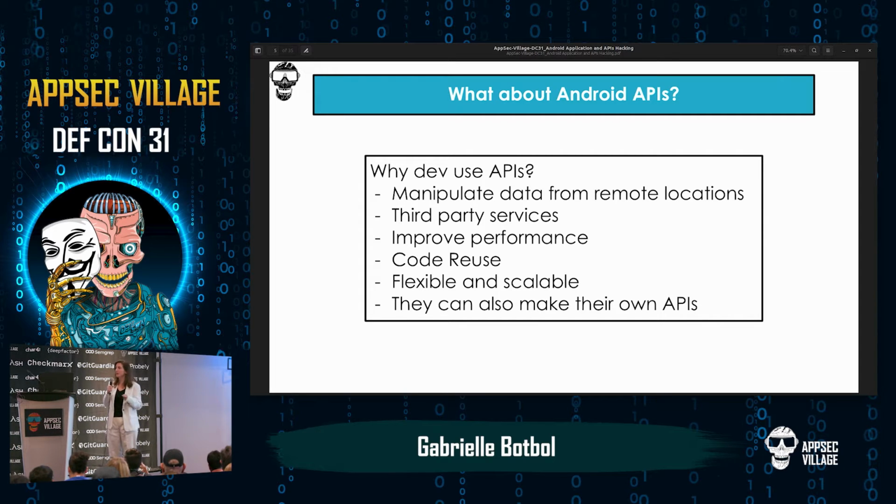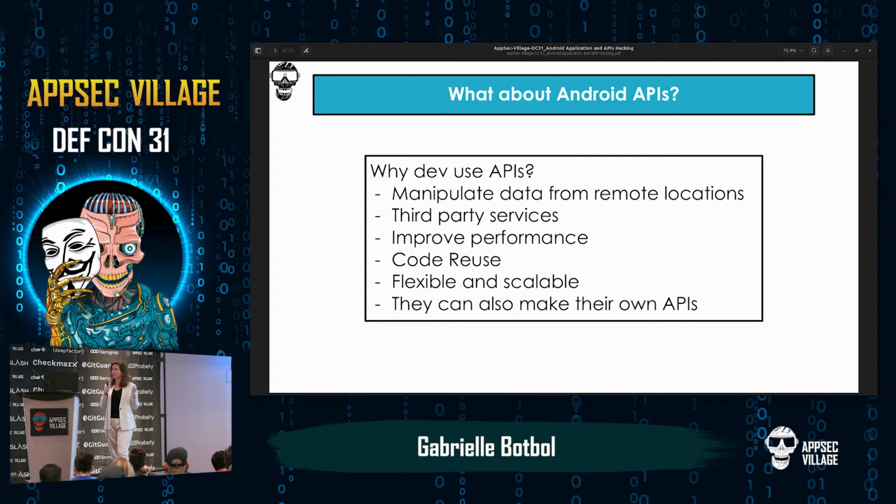It's also very convenient for third-party integration, like payment gateways. It also improves your app performance because it reduces the amount of data that needs to be transferred between app and server, and you can request only the data that you need.